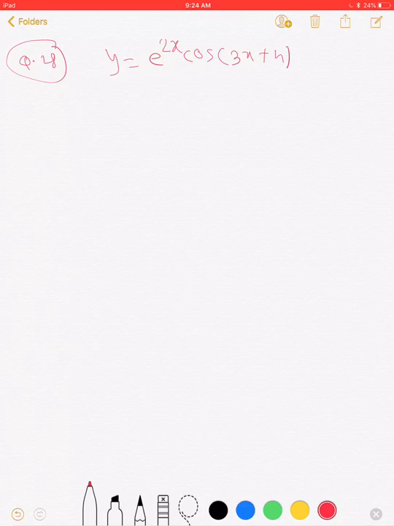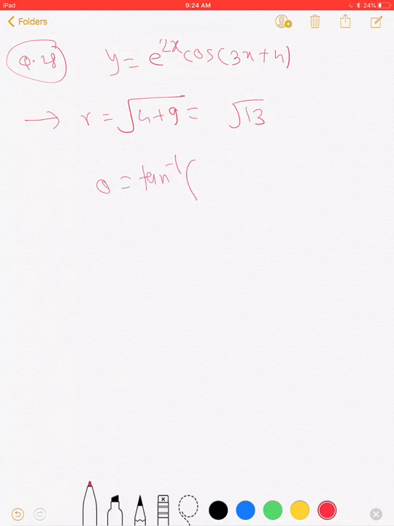Question number 28 is similar. In question number 28 we have to find the nth derivative of e raised to the 2x cos of 3x plus 4. Again here the value of r is square root of 4 plus 9, that is square root of 13, and theta is equal to tan inverse of b by a.